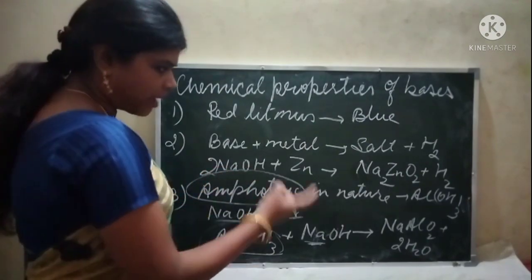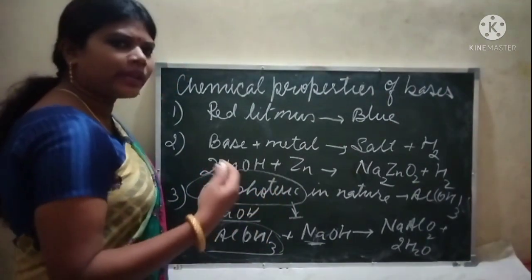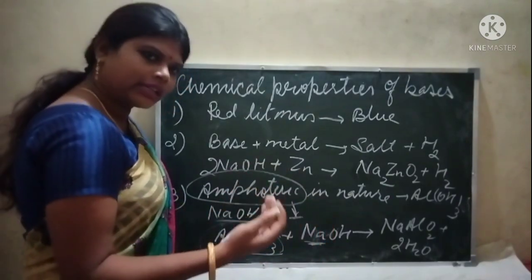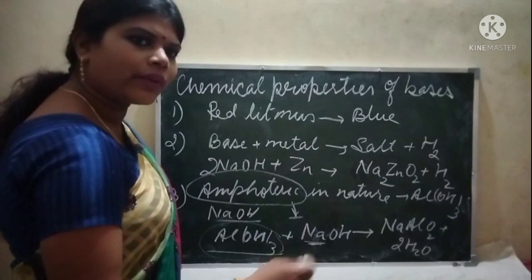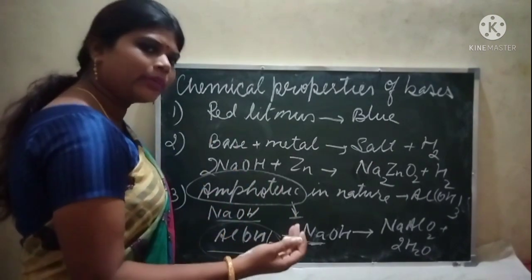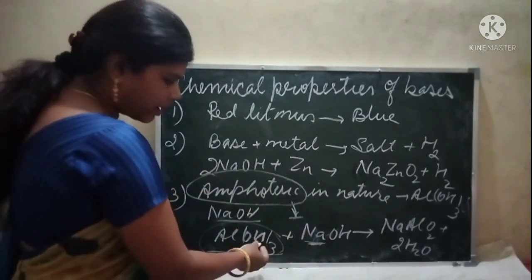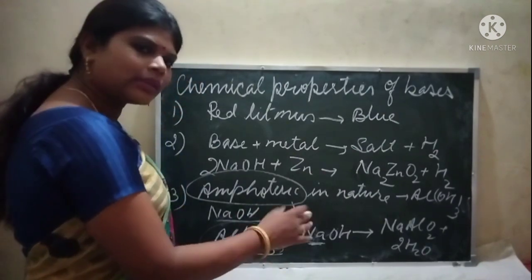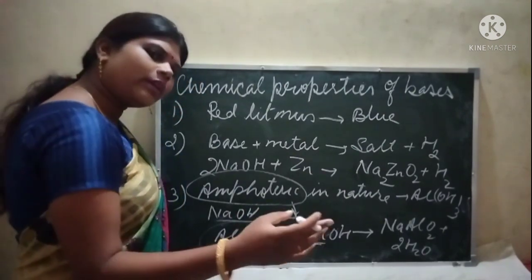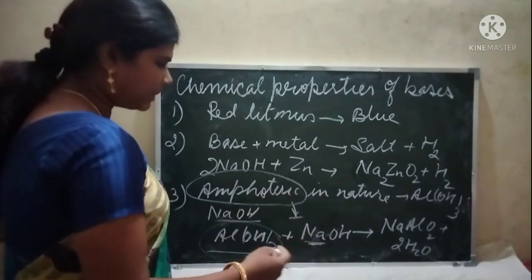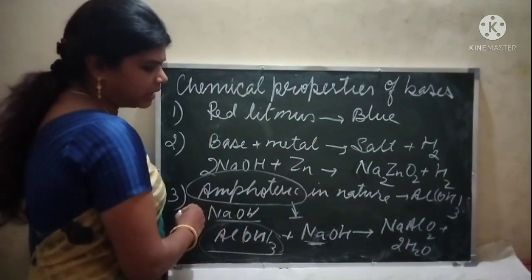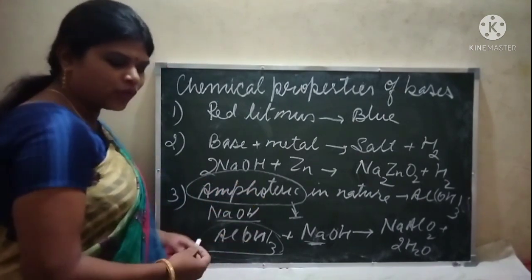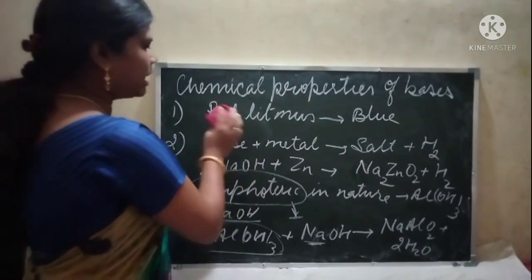So amphoteric nature means a few bases, when reacting with an acid, will behave like a base, but when reacting with some other base, they will behave like acid. Their behavior is both like acid and base. So the third property is that few bases are amphoteric in nature.